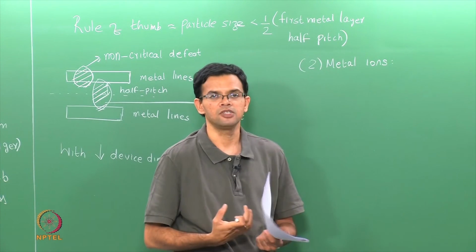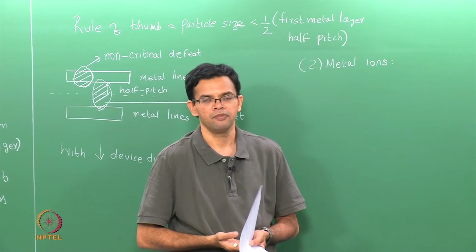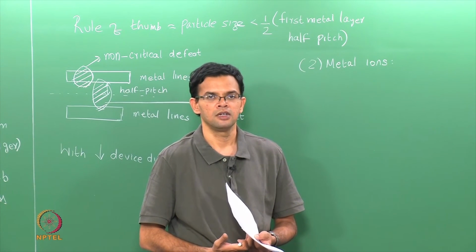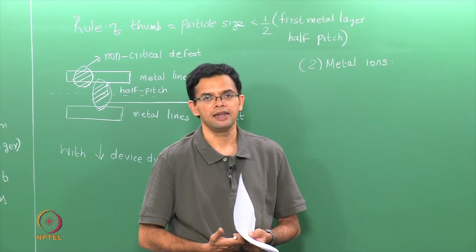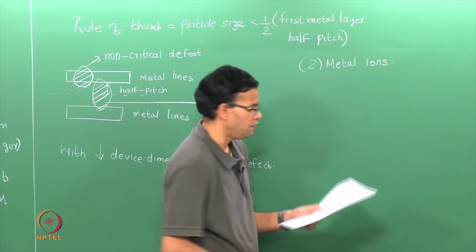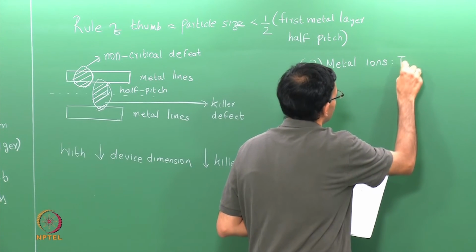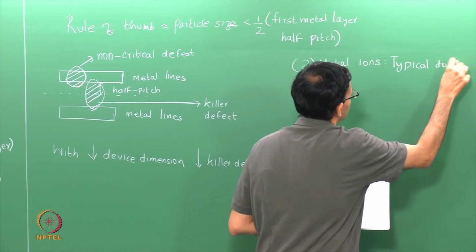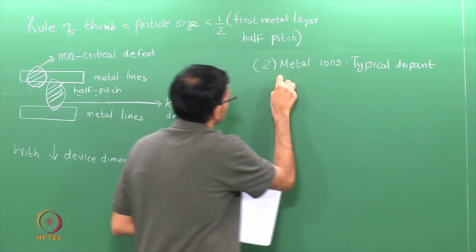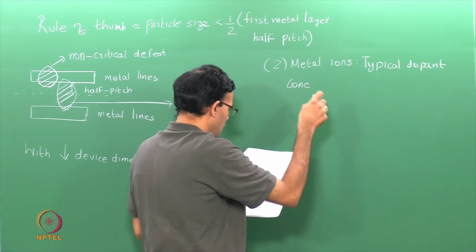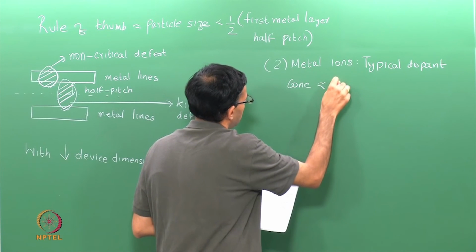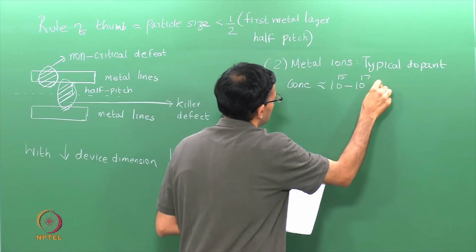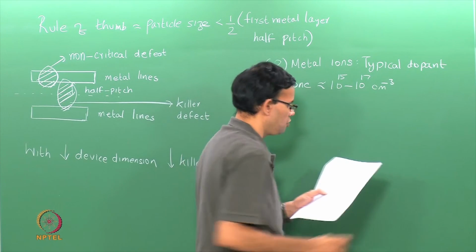So, they have some sort of an electrical property which can affect the electrical property of the device, because you are essentially building an electronic device, and we saw that the typical dopant concentration is of the order of 10 to the 15 or 10 to the 17 per centimeter cube.